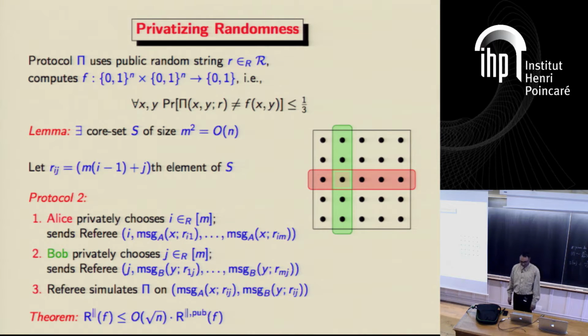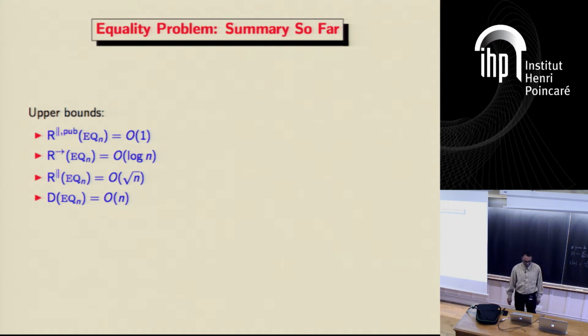Now, all of these behaviors are tight, and our equality example will show everything. So let's revisit what we have shown for equality, all of these elementary results. We've shown that public coin simultaneous complexity is constant. One-way randomized complexity is log n. Then the private coin simultaneous complexity is root n by this previous theorem.